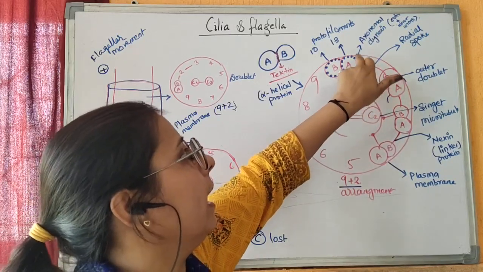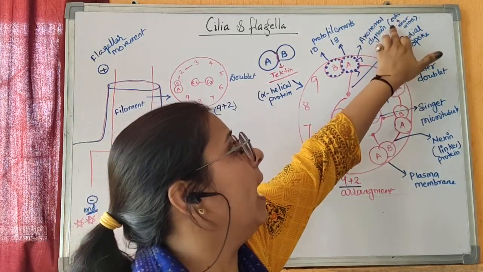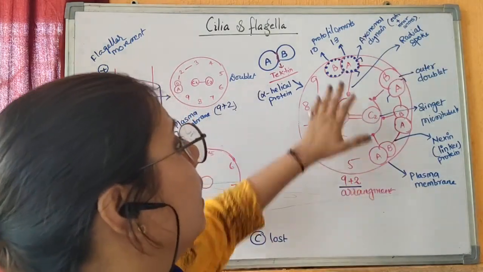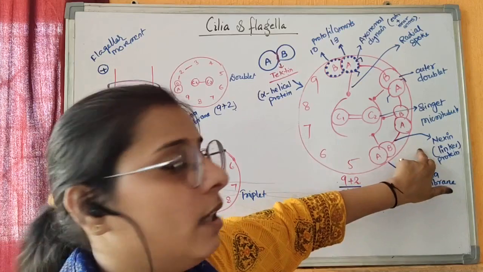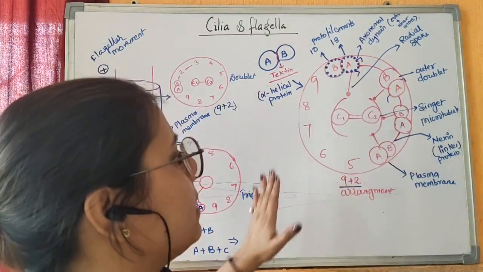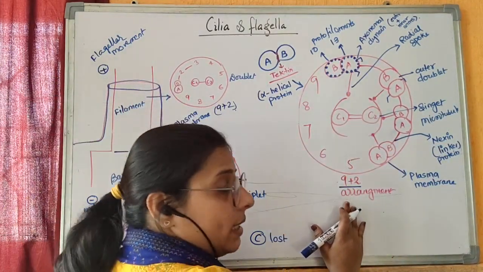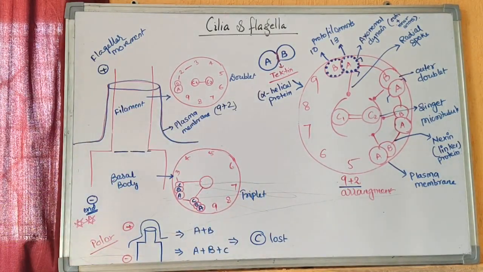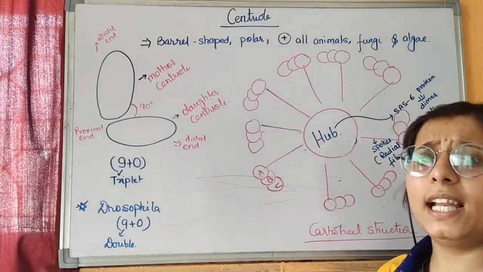The A ring has a special arm called the axonemal dynein, with outer and inner arms made up of dynein protein. The doublets are also attached by a special protein called the linker protein. This doublet and singlet structure together form a special cartwheel structure known as the 9+2 arrangement, forming the filament of the flagella.